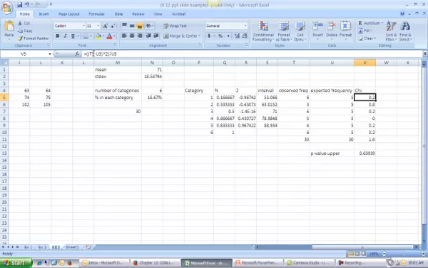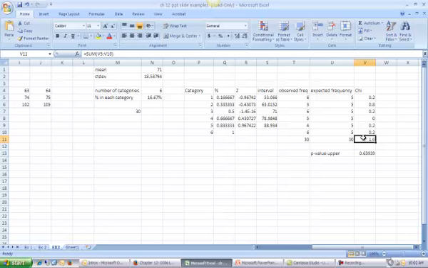I observed 6 versus I expected 5, that quantity squared, divided by my expected 5. Then I observed 3 minus my expected 5, that quantity squared, divided by my expected 5, and so on and so forth, and I will add them all up. So I'll come up with a chi-square value of 1.6.